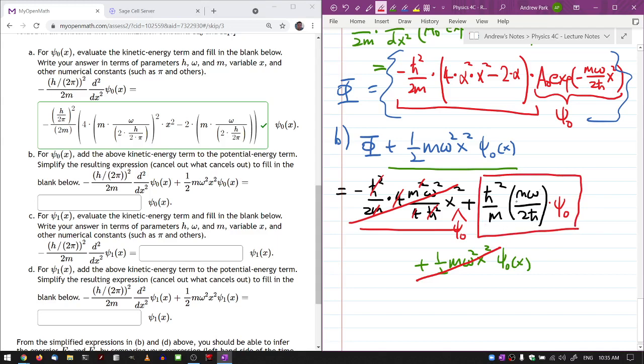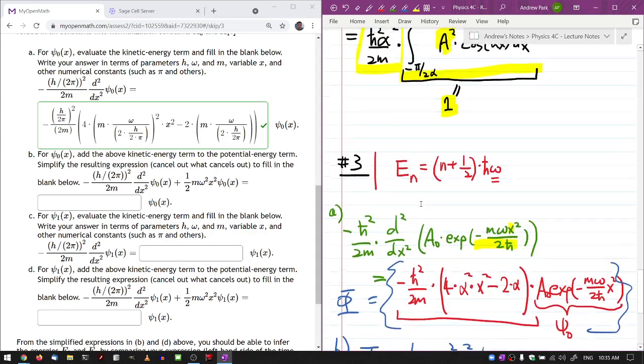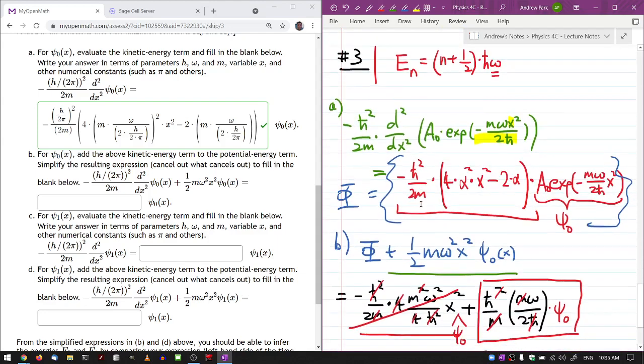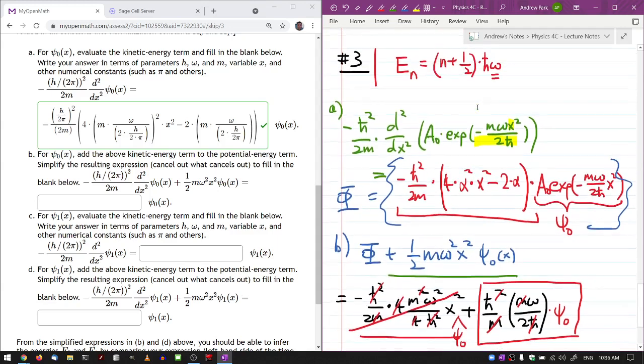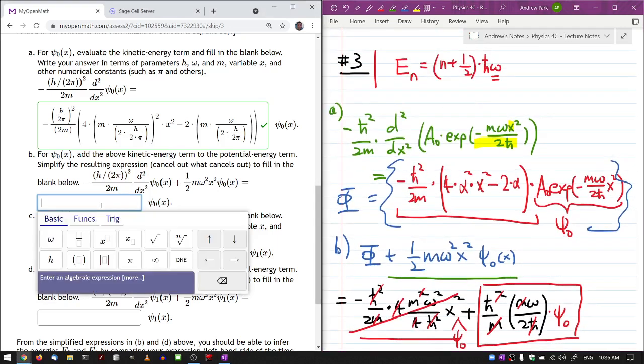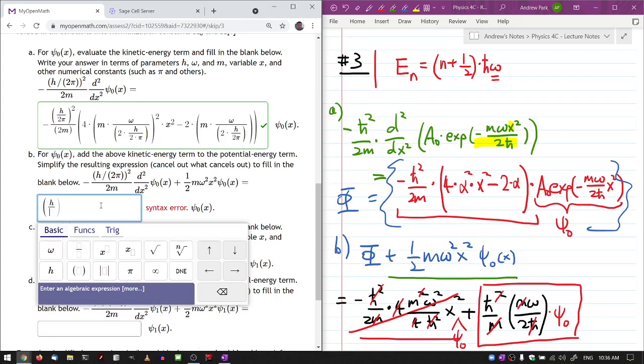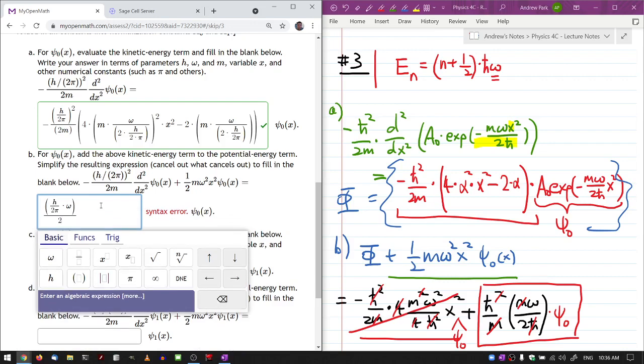And this actually simplifies a little more because the m's cancel out and one factor of h bar cancels out. So you have h bar omega over 2, which I hope reminds you of the formula in the textbook. N equals 0, you get h bar omega over 2. That is the result you would expect, and that is the result that you get when you go through the detailed calculation. So h bar times omega divided by 2. That's it.